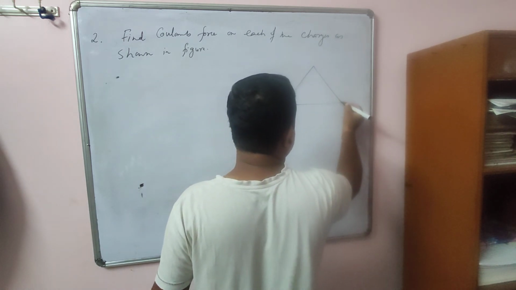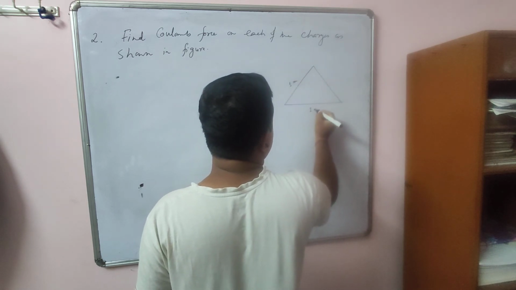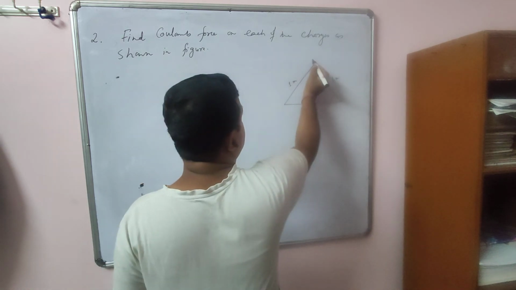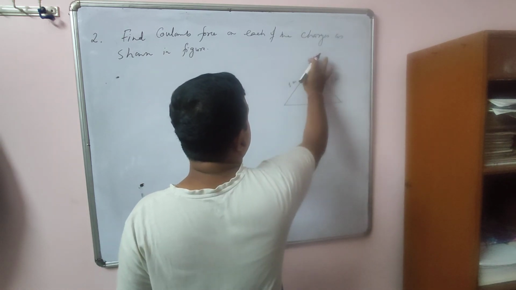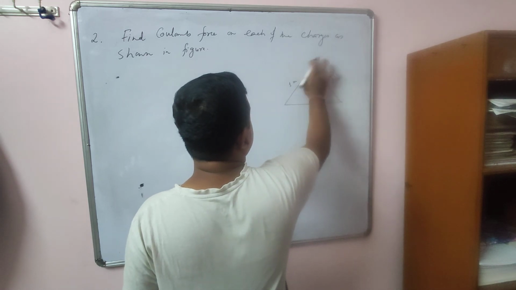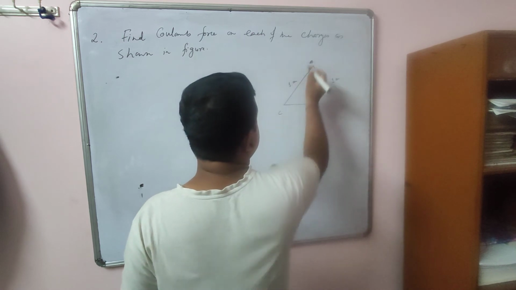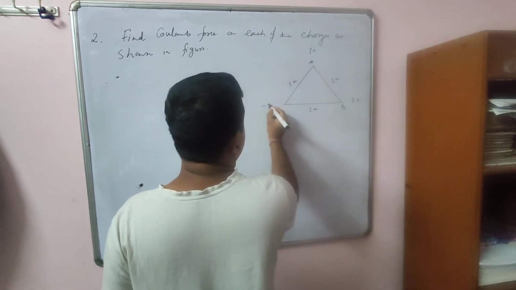We assume this equilateral triangle, so its sides are the same, 1 meter, 1 meter, 1 meter. And suppose there is a charge of 1 coulomb at this triangle ABC. Here it is 1 coulomb, here it is 1 coulomb, and here say it is minus 1 coulomb.